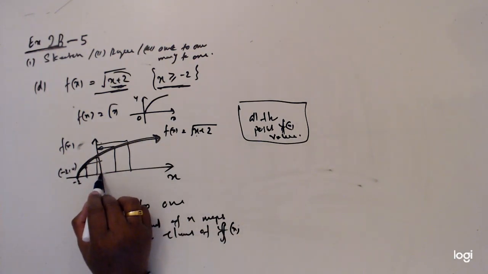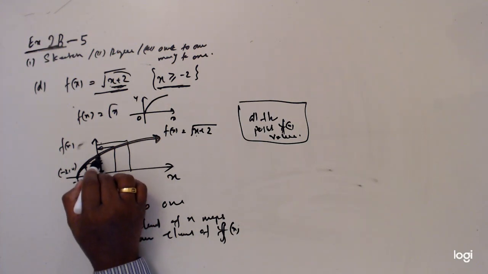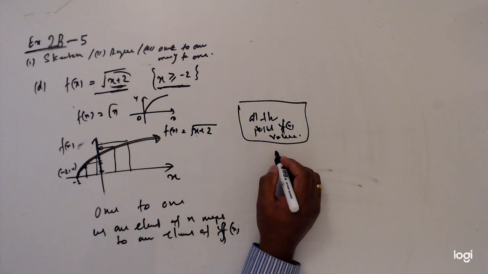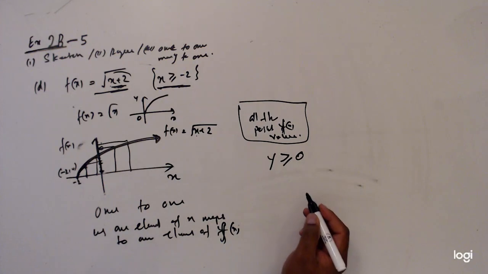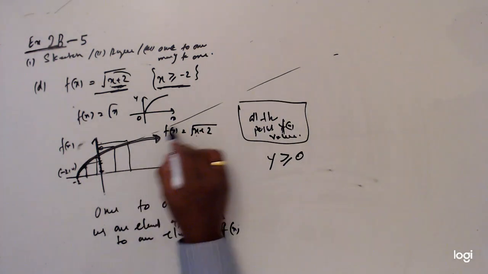Can I take 0? Yes, I can take 0. 0.1, 0.100001, yes. 0.0001, yes. 0.01, yes. 1, yes. 1.1, yes. 1.1199, yes. So likewise, I can take any point greater than 0. So for the y values, any value greater than or equal to 0 is going to be the range, because this graph goes up to infinity.